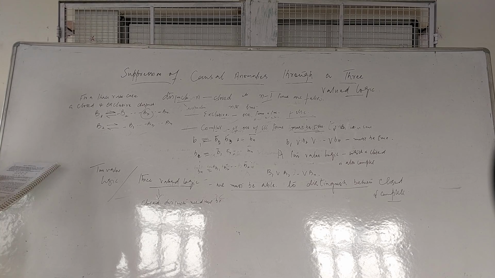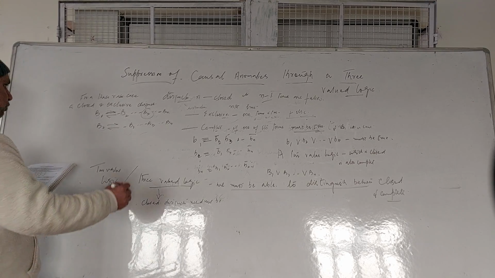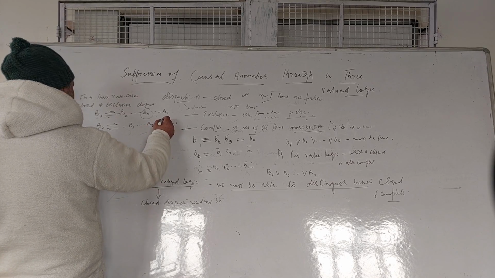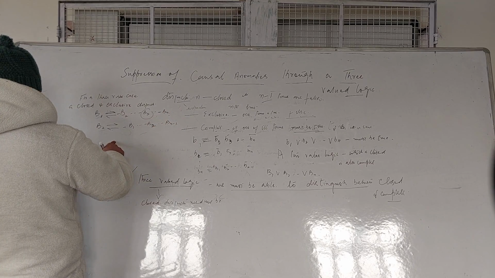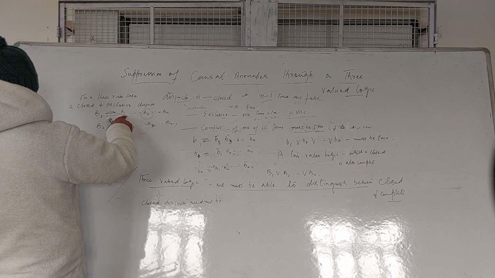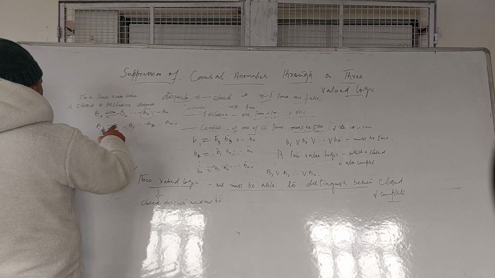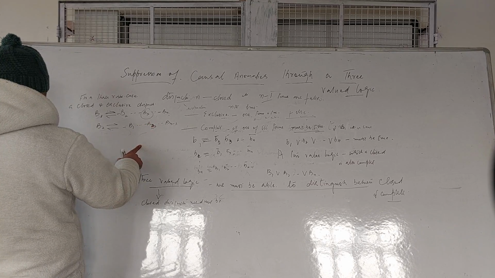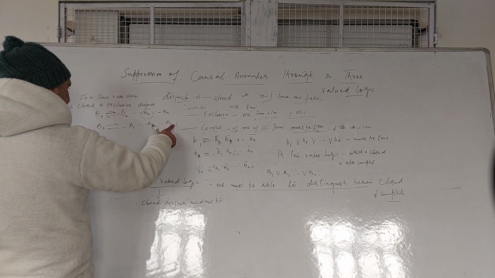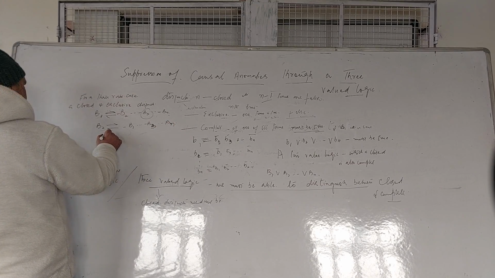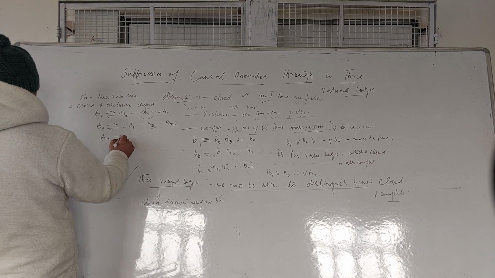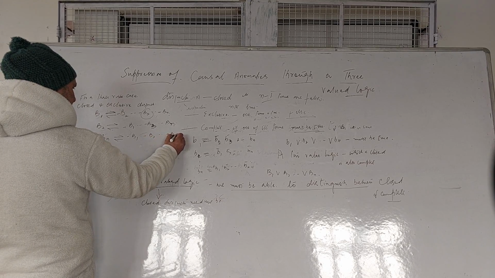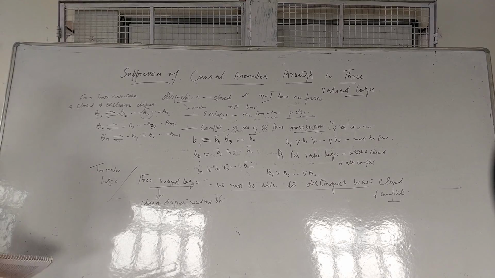So B1 goes to minus B2, minus B3, up to Bn. B2 goes to minus B1, minus B3, minus Bn. And Bn goes back to B1, minus B2, up to minus Bn minus 1.